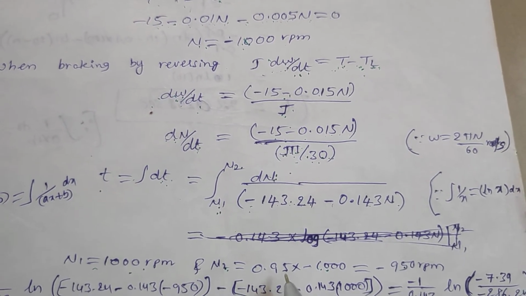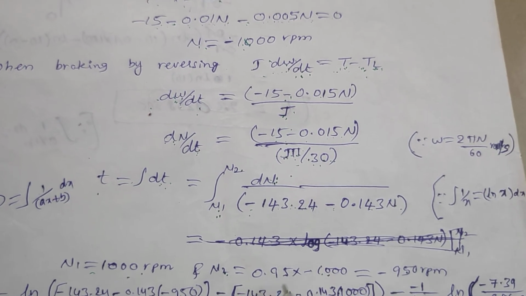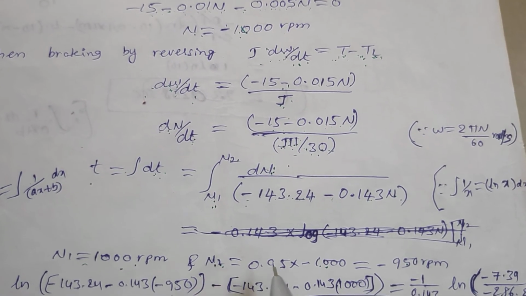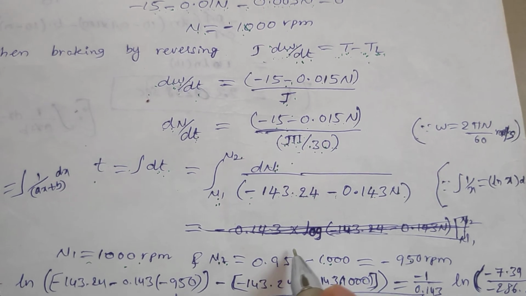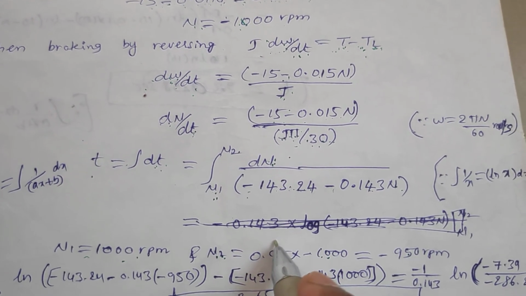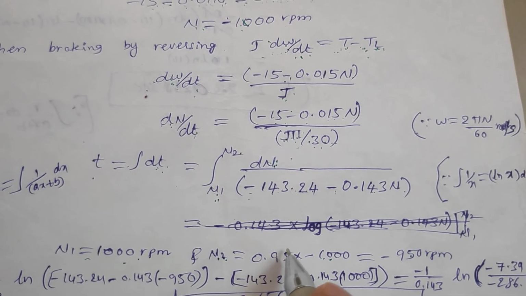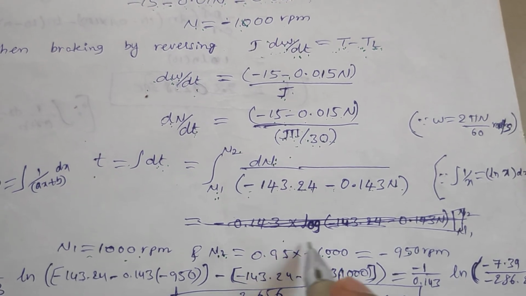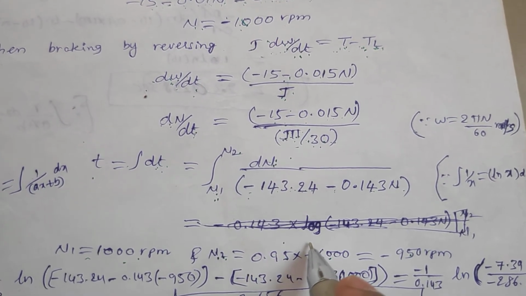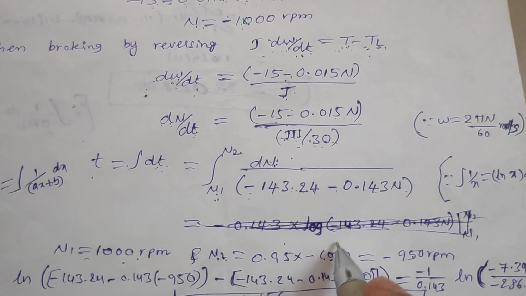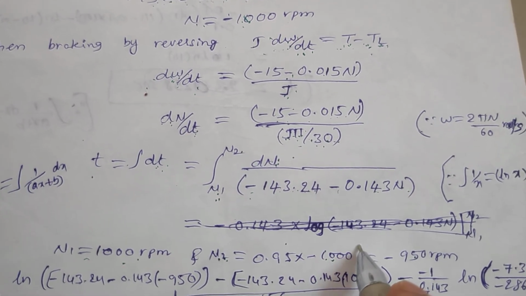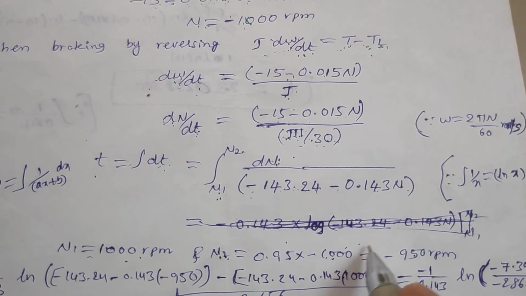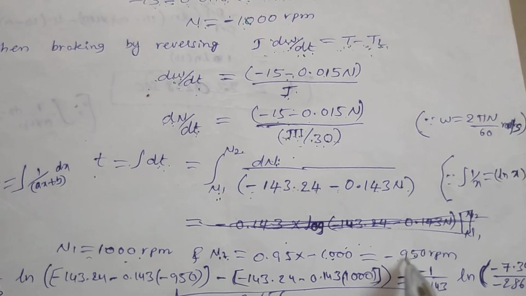Otherwise, if you want to calculate a little more, instead of considering n2 as 95% in the derivation, 0.95 times n2 minus n1, minus 1000 minus 1000 is minus 2000, it will become plus n1. So it will become minus 900 rpm.